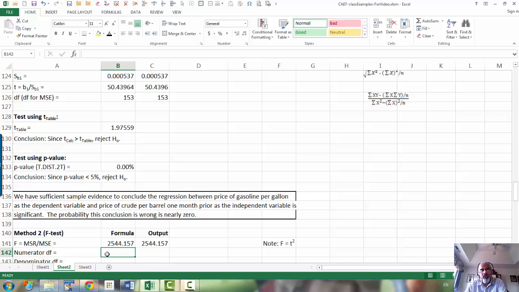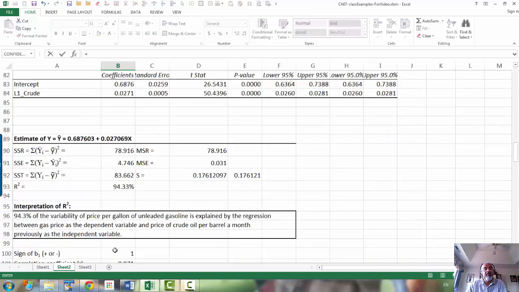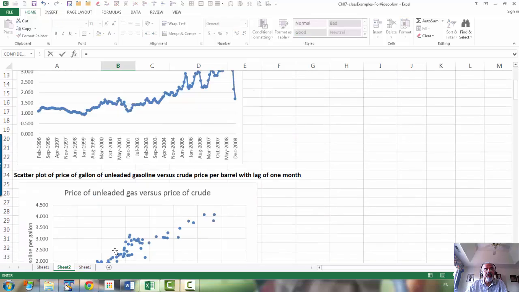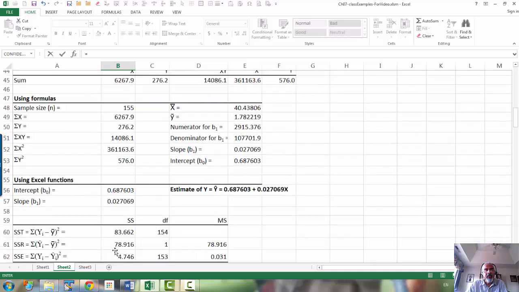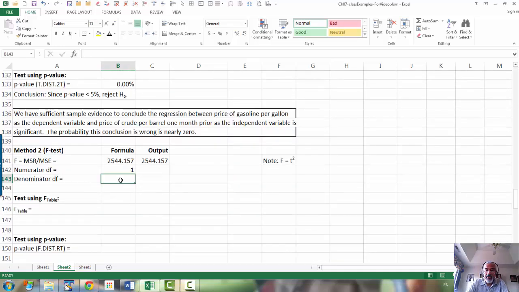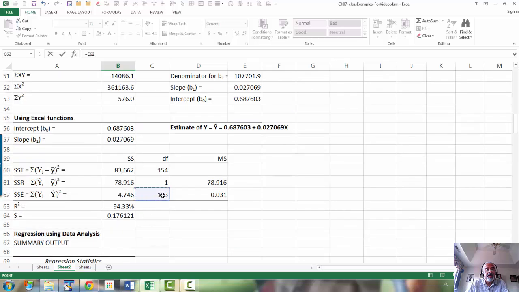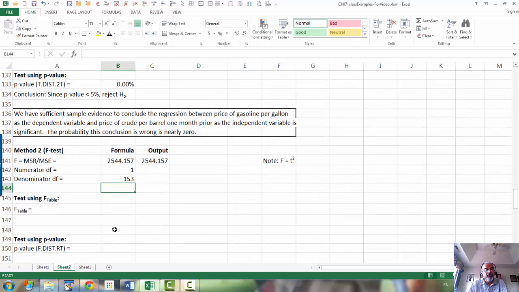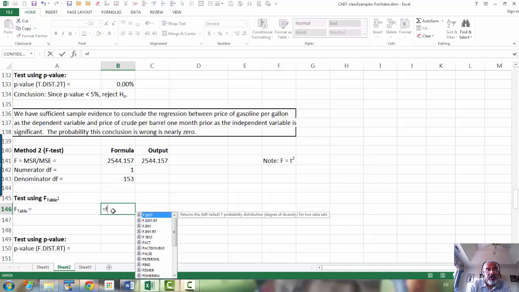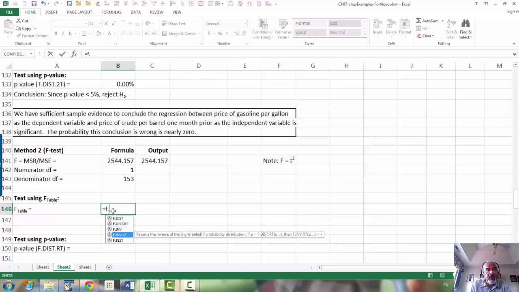Now degrees of freedom, numerator is MSR, so numerator degrees of freedom is that, denominator degrees of freedom is C62, and then the F table value is F.INV.RT.